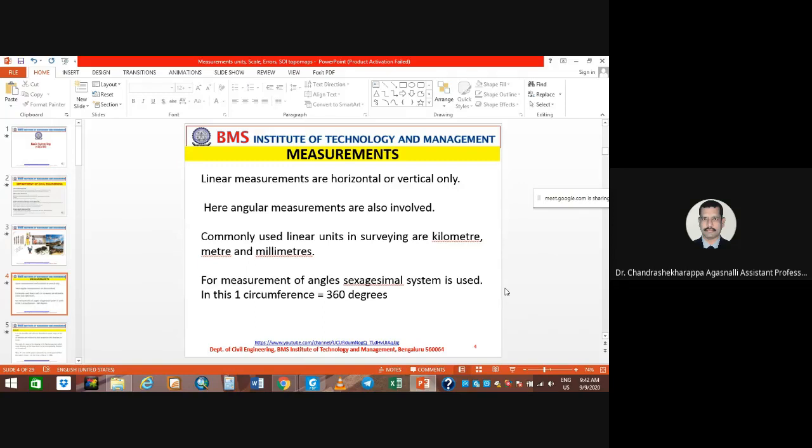Also, as I told you, it depends on the requirement and on the area. If the area is very small, you go with feet. If the area is a little bit bigger, you go with the meter. If the area is very vast, like kilometers together, you go for the kilometer.